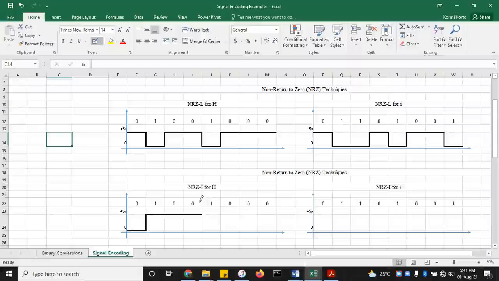But here we do have 0 to 1, and it has to be a transition. Now we are at the high voltage pulse, or at plus 5 volts. And since we are going from 0 to 1, we need to transition to what? To a low voltage pulse. So low voltage pulse. 1 to 0, no transition, so we still stay at the same spot. We still remain at our current state. 0 to 0, same thing, no transition. 0 to 0, no transition.